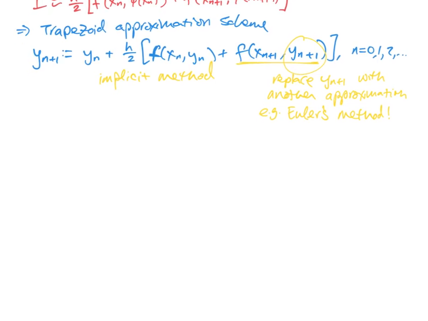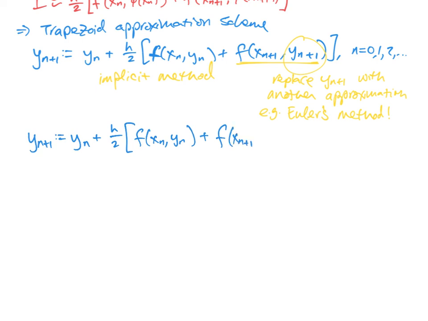We'll say that y_{n+1} is defined to be, writing out all the things we know from the trapezoid method: y_n is fine, h over 2 is fine, f(x_n, y_n) is fine, plus we know our function f, we know x_{n+1}.